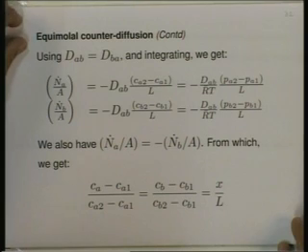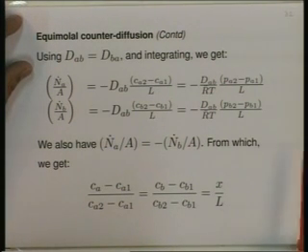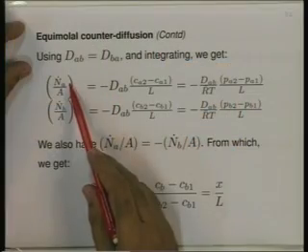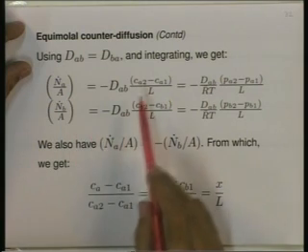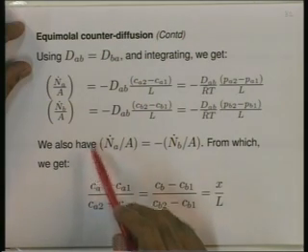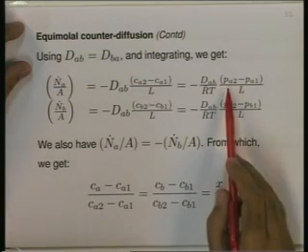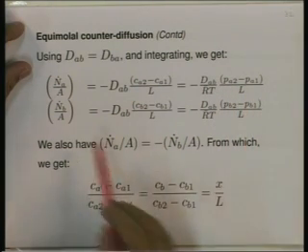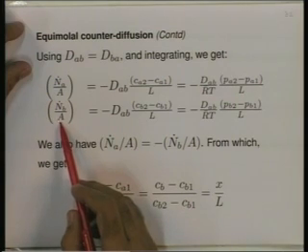So, the integration is straightforward, and if we integrate it from x equal to 0, which is the connection of the duct to reservoir A, to x equal to L, which is the connection of the duct to reservoir B, we will get an expression for the molar flux of A in terms of the molar density of A in the two reservoirs, and using the ideal gas law in terms of the partial pressures of A in the two reservoirs, and a similar expression for the molar flux of B.